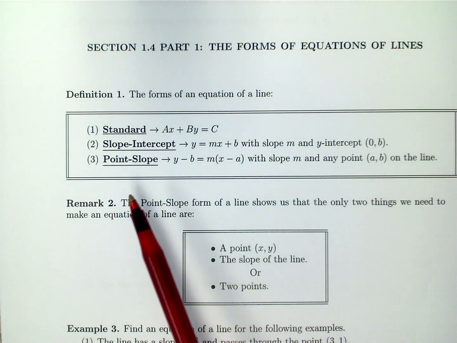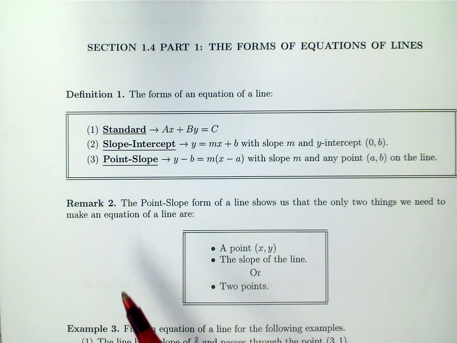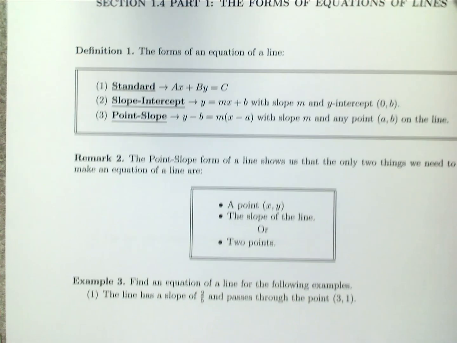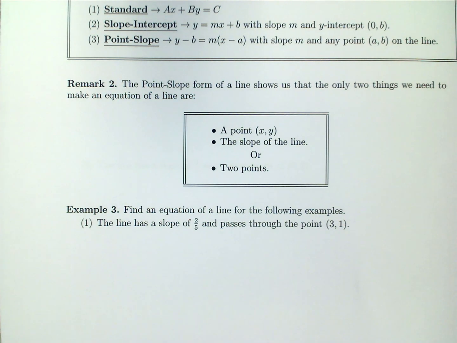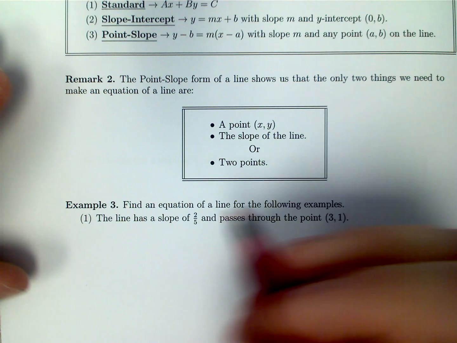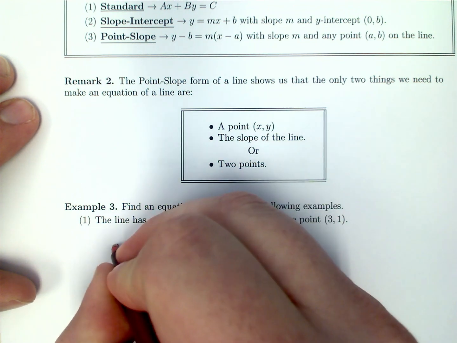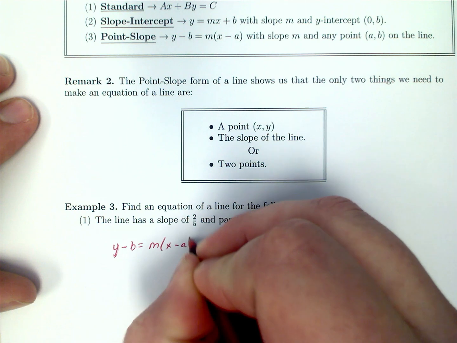And why is point-slope important? Because it's easier to find the equation of a line with point-slope than with the other two, especially if you don't have an equation already. For example, if I said I have a line with a slope of 2/5 that passes through the point (3, 1), all we have to do is look at point-slope form, y minus b equals m times x minus a.